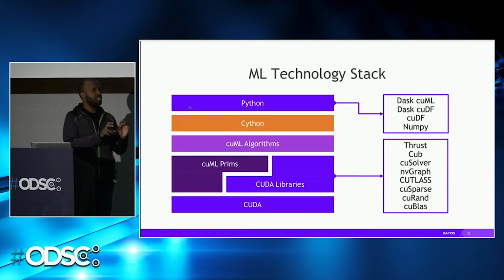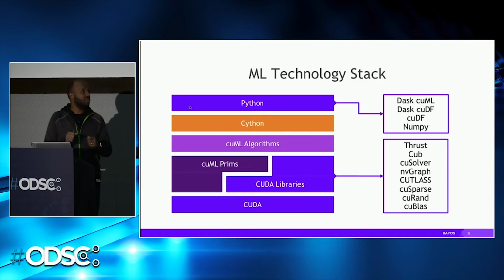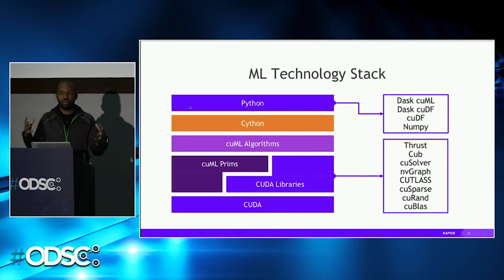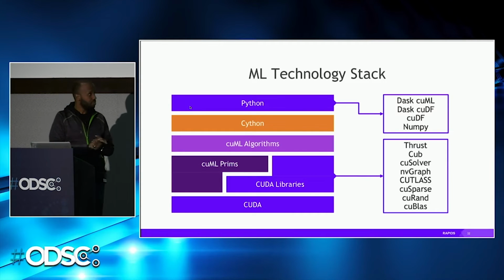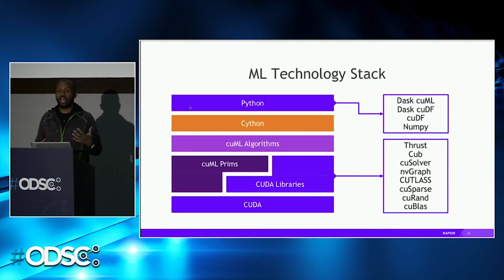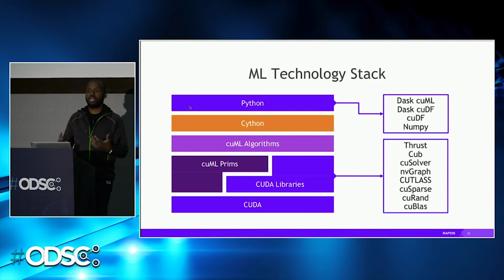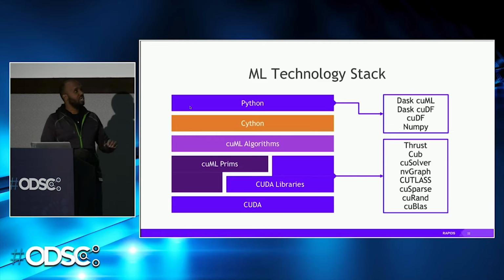We figure out which ML algorithms need which primitives, and we stitch them together and build the algorithm. Then we use Python to bind that to a Python layer. The beauty of this is, if we make a primitive faster, every algorithm that uses that primitive is now faster. So it reduces the overhead of the developer team.